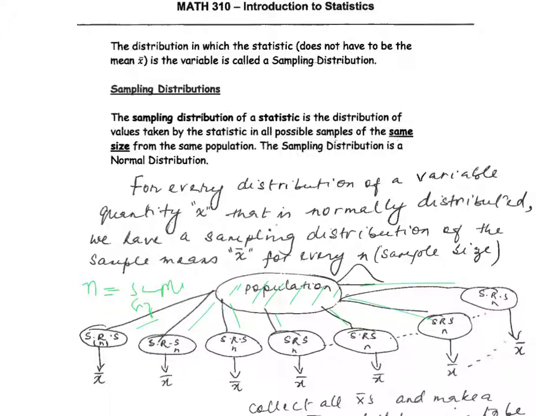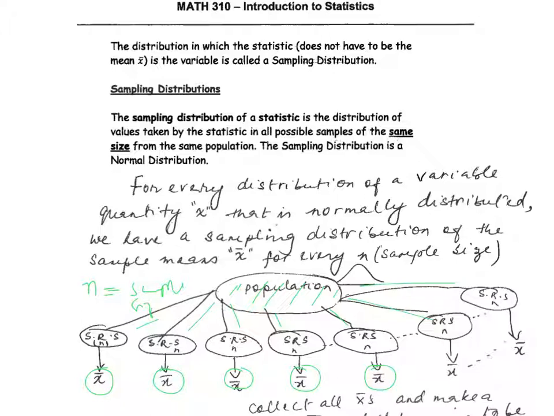So we collect multiple simple random samples, but each sample is of size n, which is a fixed number. Once we have all these simple random samples, we find the average of each simple random sample and we call it x bar. But note that these x bars are going to be different, because each x bar comes from a different simple random sample.